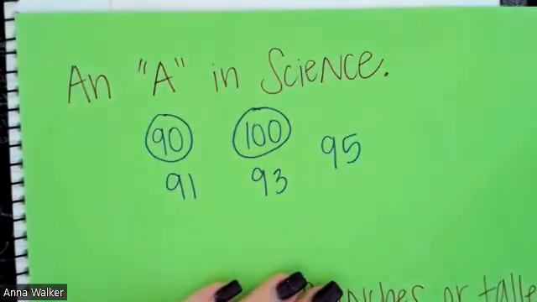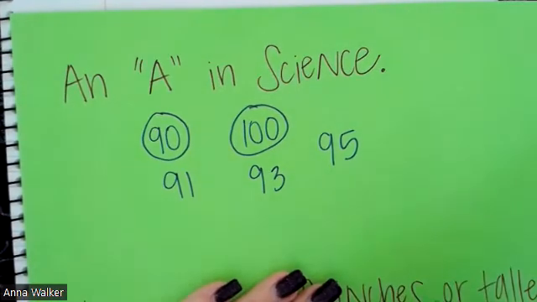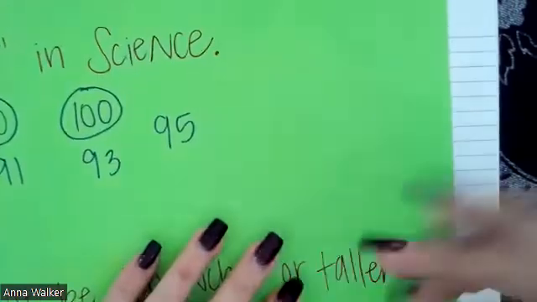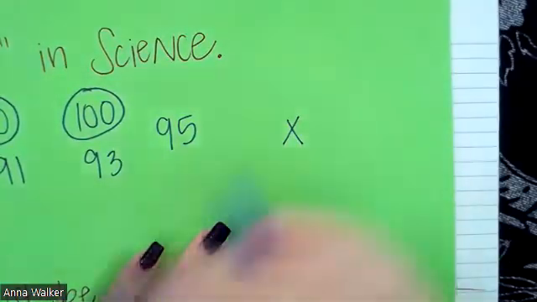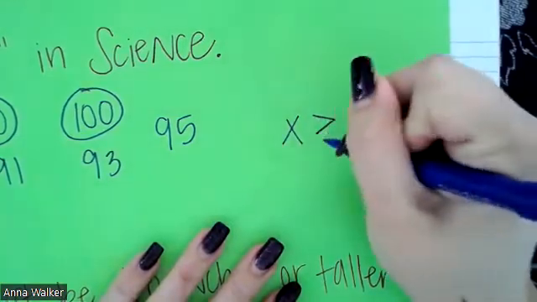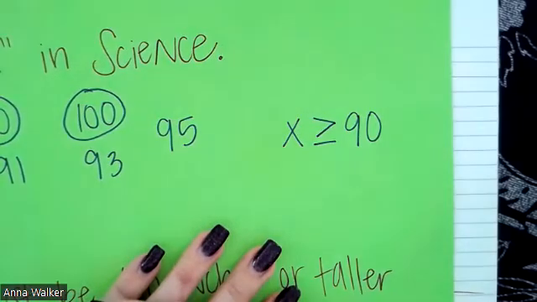So if I said X is your grade in science, if I wanted you to show me a way that you can represent an A in science by using the term X, you would have to say X, your grade in science, has to be greater than or equal to 90 in order to be getting an A, right?